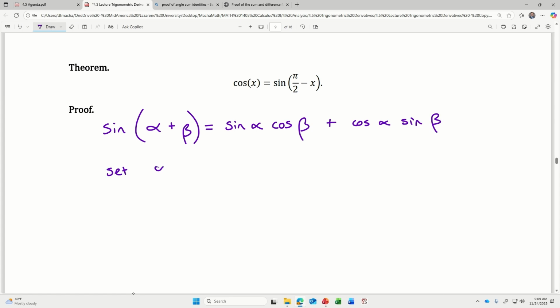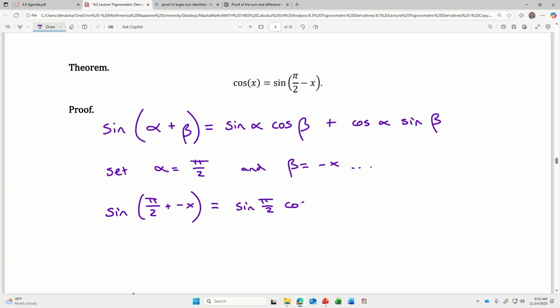And then we set alpha equal pi over 2 and beta equal negative x, so that sine of pi over 2 plus negative x is equal to sine of pi over 2 cosine of negative x plus cosine of pi over 2 sine of negative x.